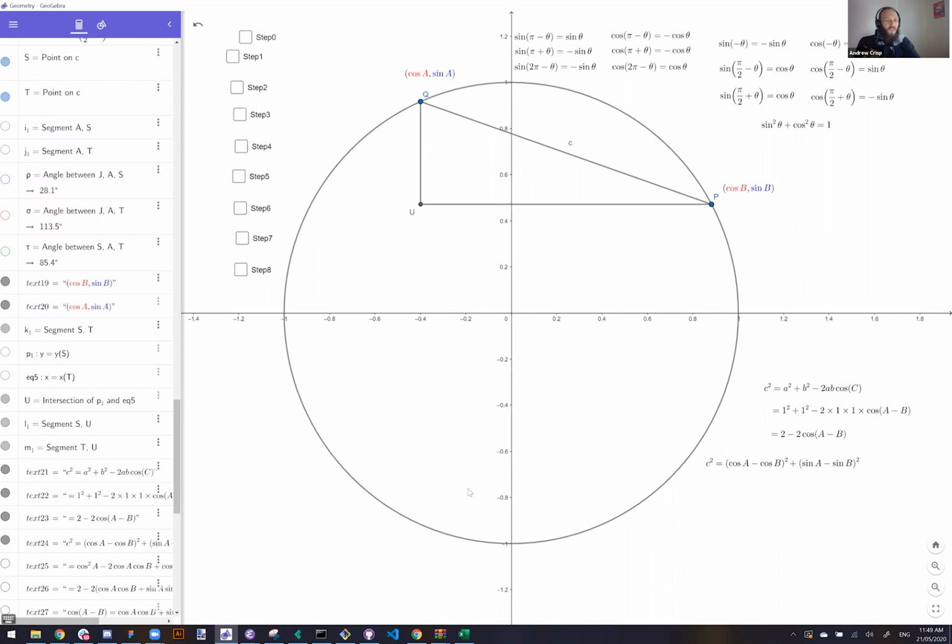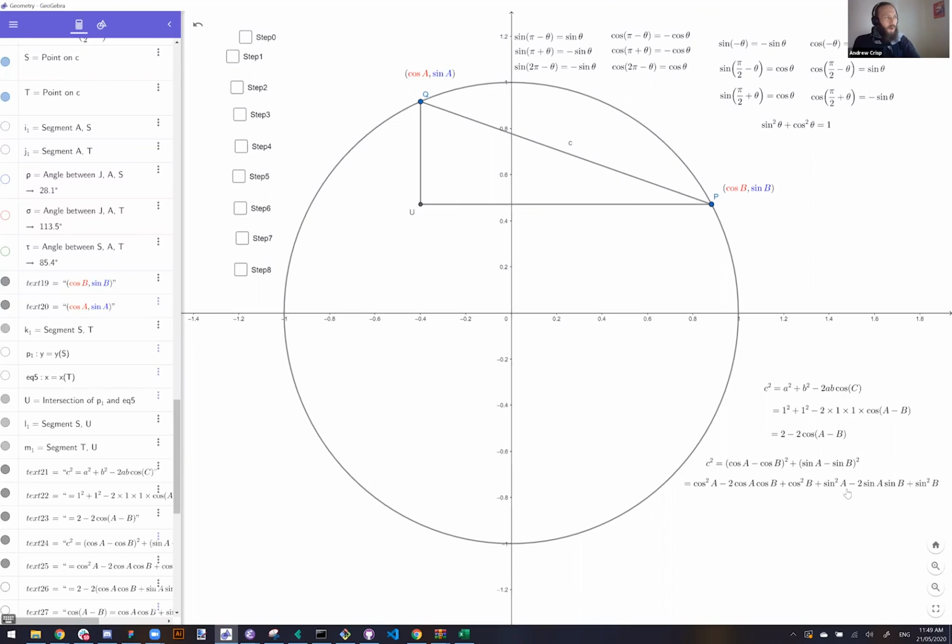Okay, so what happens next is we turn our algebra up and we expand it out. It's just 2 squares. But one thing you'll notice is cos squared A plus sine squared A. That's just like sine squared theta plus cos squared theta.